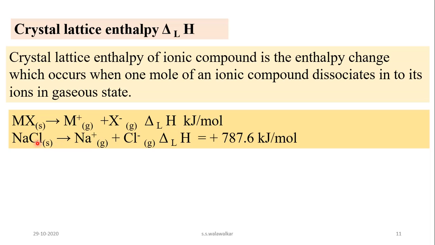For example, sodium chloride in a solid state forms sodium ion in a gaseous state and chloride ion in a gaseous state, and the heat required to separate these is plus 787.6 kilojoules.